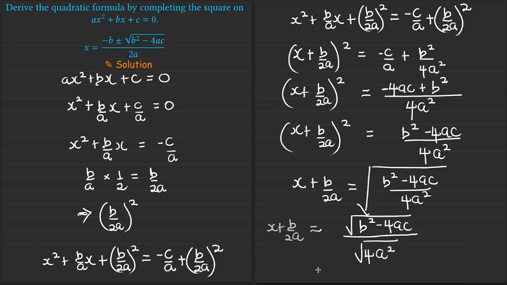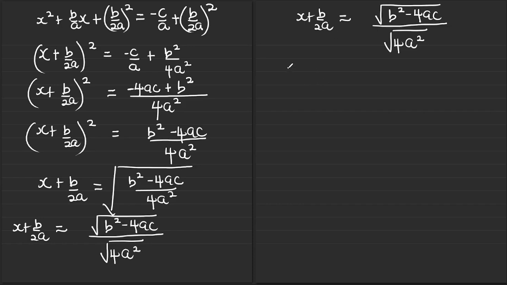We would continue from this line. Now, simplifying further, we have x plus b over 2a equals the square root of b squared minus 4ac. Then our focus will be to simplify the square root of 4a squared.